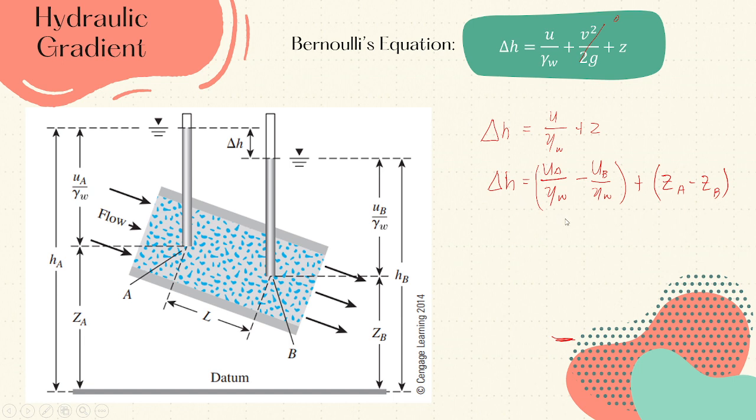And therefore, you will arrive at this equation. So the total head is equal to the pressure head plus the elevation head. And rearranging for points A and B, you will get this equation.